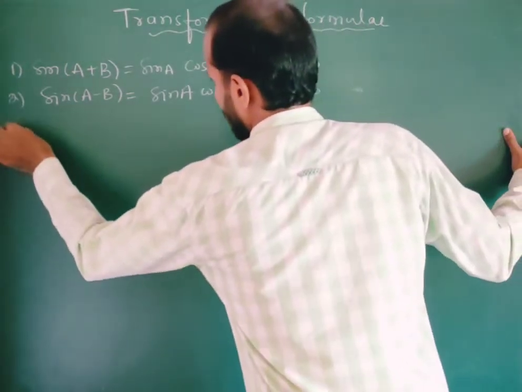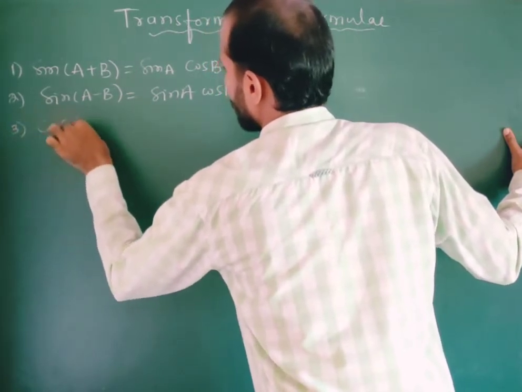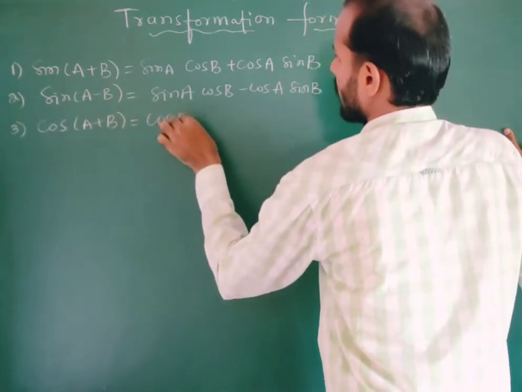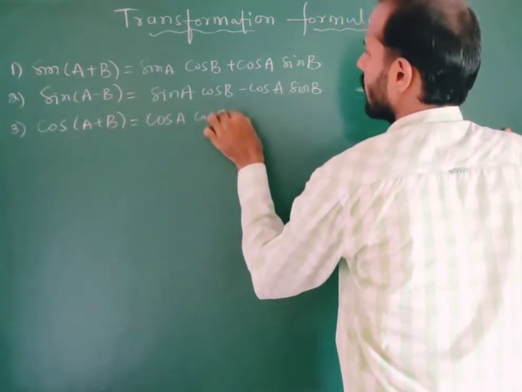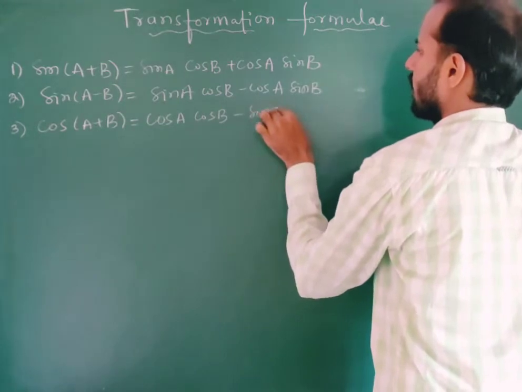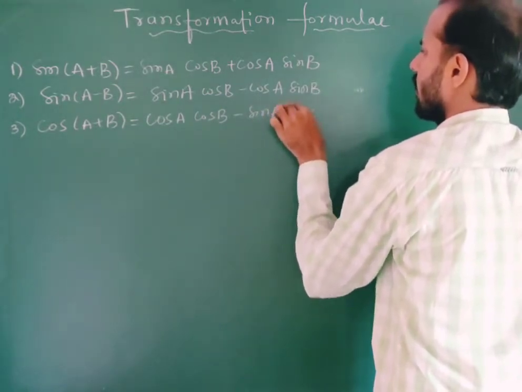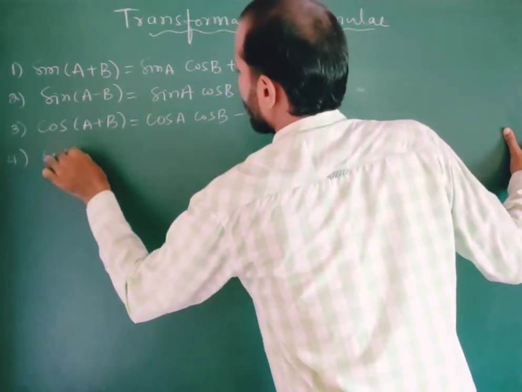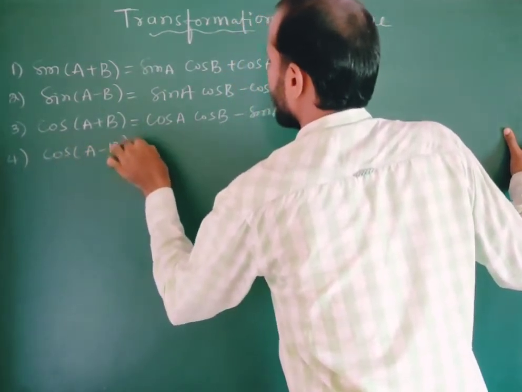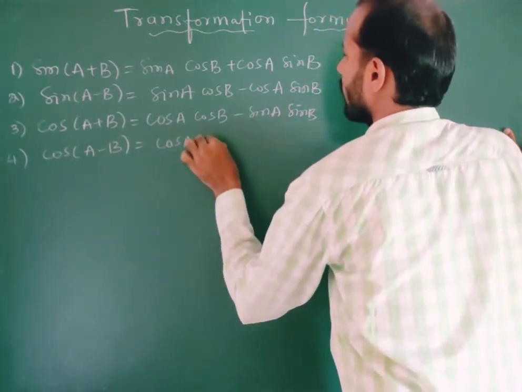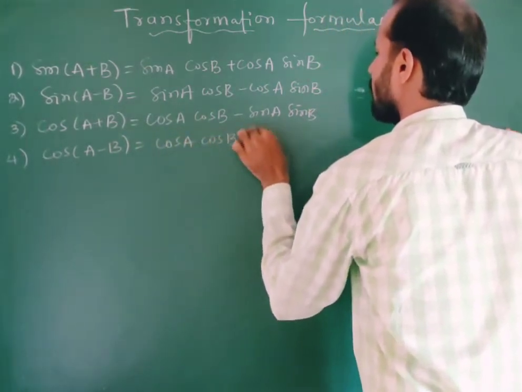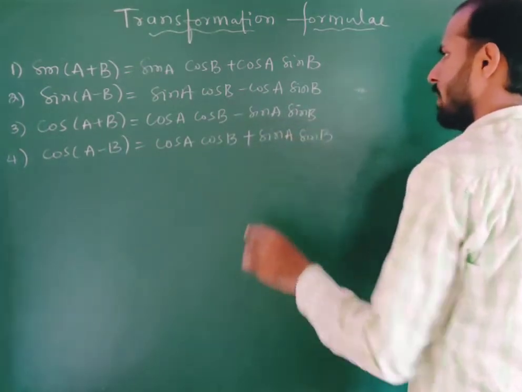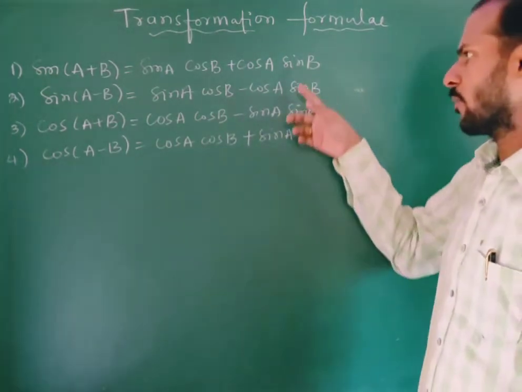Next, third one, cos(A+B) is cos A cos B minus sin A sin B, right? Next, finally fourth one, cos(A-B) is cos A cos B plus sin A sin B, right? These are the four formulas already we know well.